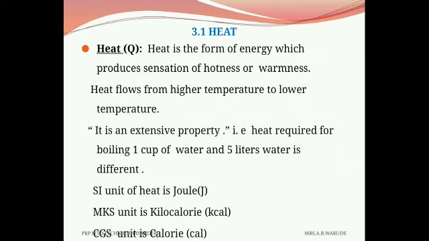One of its properties is that it is extensive. Its meaning is that heat required for boiling 1 cup of water and 5 liters of water is different. Its SI unit is joule, the MKS unit of heat is kilocalorie, and the CGS unit is calorie.